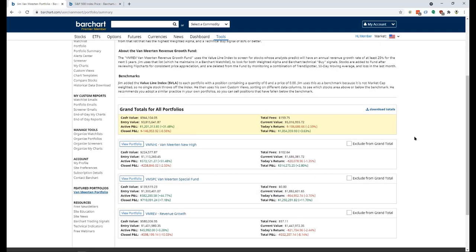The third one, the revenue growth fund, I use a completely different method of selecting stocks there. What I'm looking at is, in the long run, the stocks that will probably go up in the long run are those stocks that are increasing revenue.